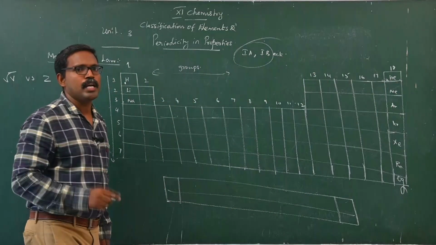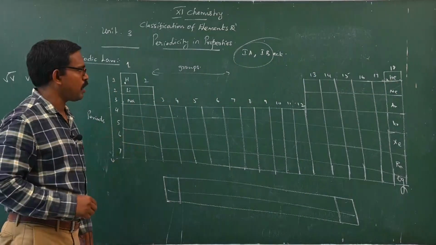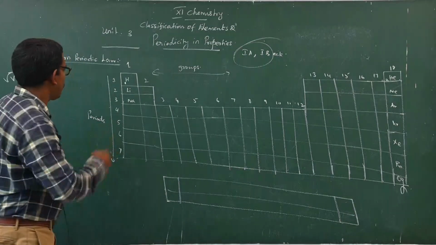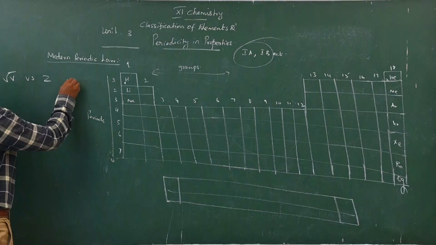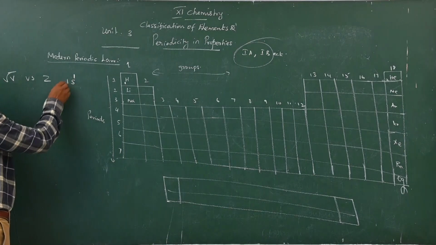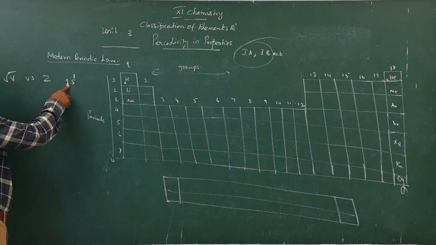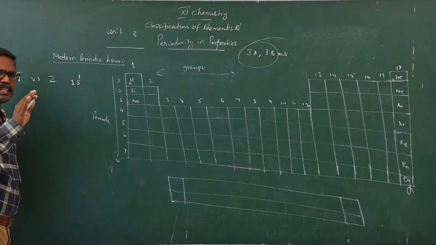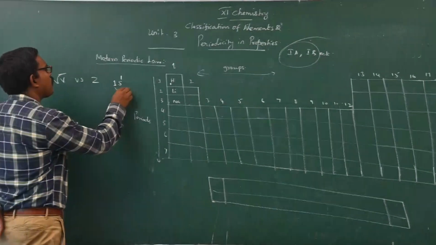How to write the electronic configuration of these 2 elements? I already told you how to write the electronic configuration of elements. Hydrogen is 1s1, so only 1 electron. This 1 represents the period number, which is said to be the principal quantum number.